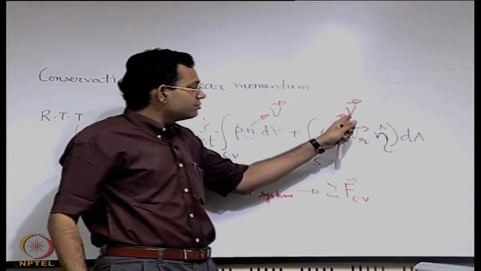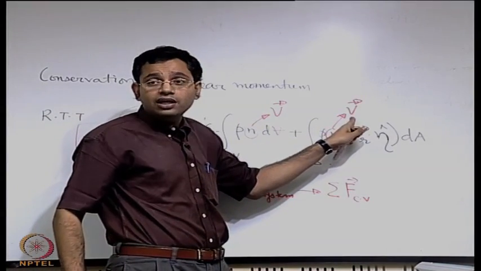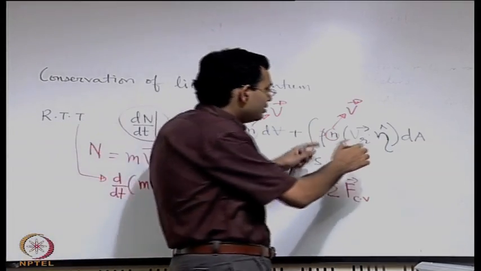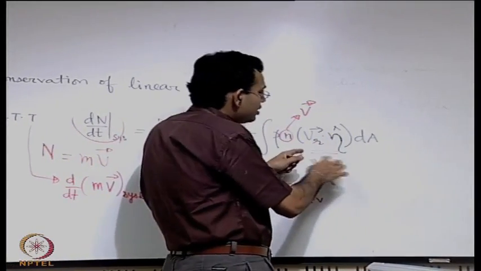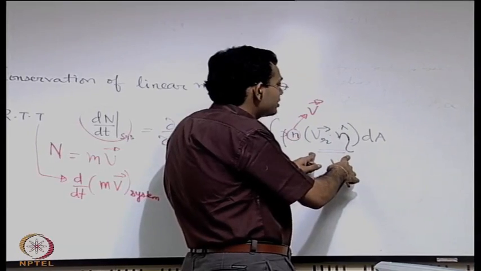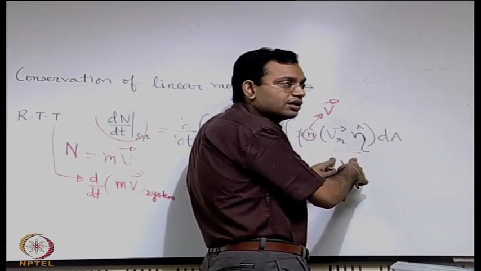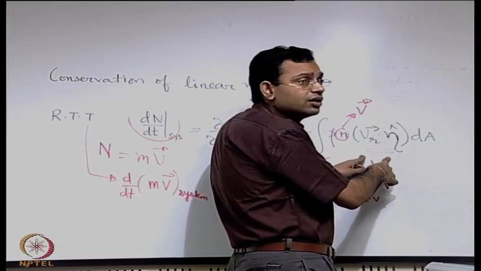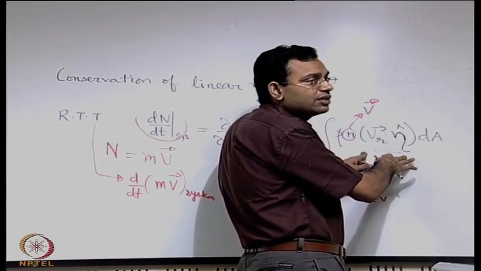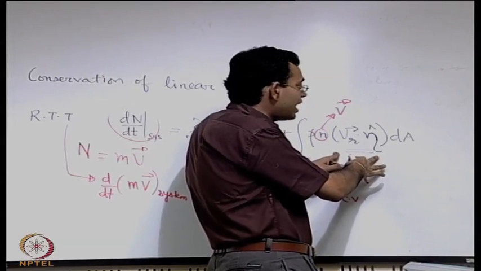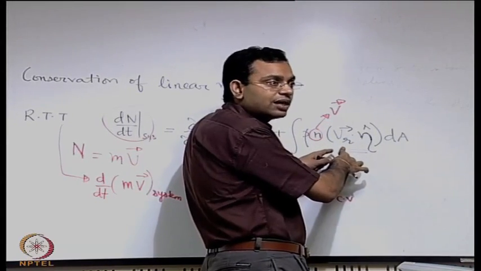So here this V is the absolute velocity. But in this particular term we are not trying to disturb it, because this term is always going to be this, irrespective of the control volume moving or stationary, because it gives rise to a net flow of mass across the control surface, and that depends only on the relative velocity, not the absolute velocity.